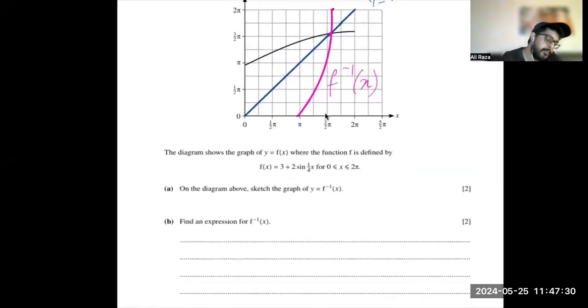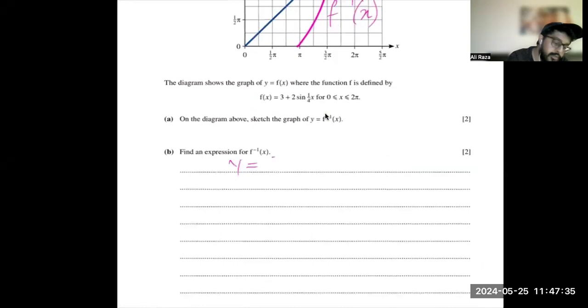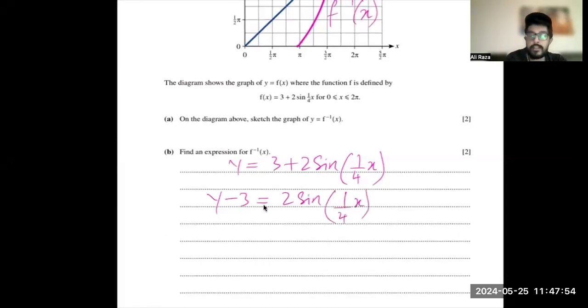In part B, we need to find the expression for f inverse. y is equal to 3 plus 2 sine 1 over 4 x, and we need to make x the subject in this equation now. We take 3 to the other side, it becomes y minus 3 is equal to 2 sine 1 over 4 x. We divide 2 to the other side, so we get y minus 3 over 2 is equal to sine 1 over 4 x.